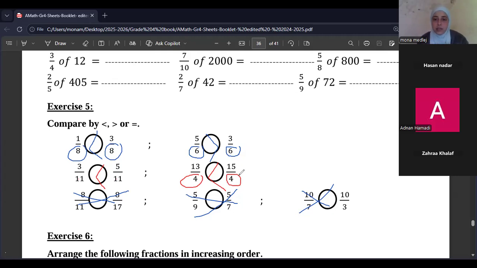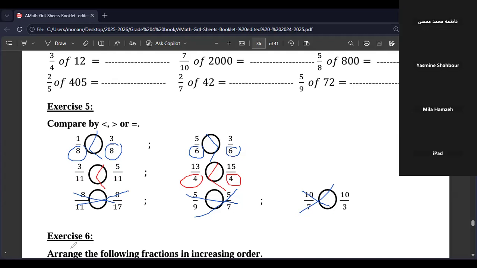Then I want to erase. So true? Can I erase?